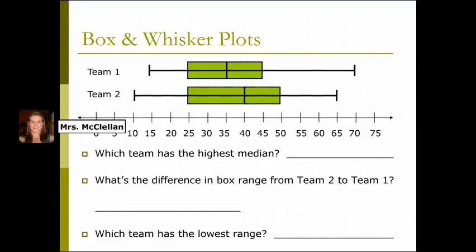Okay, so our last box and whisker plot, we're actually comparing 2 different box and whisker plots. So in this situation, we're comparing Team 1 and Team 2. The first question is asking us, which team has the highest median? Okay, so we recognize that the median is the line in the middle of our box and whisker plot.